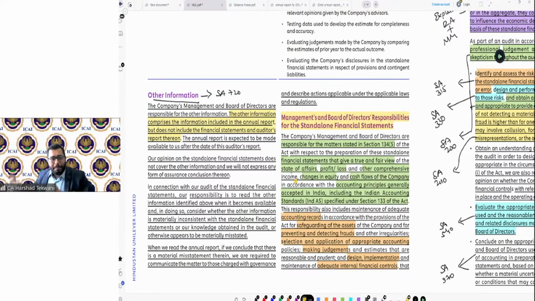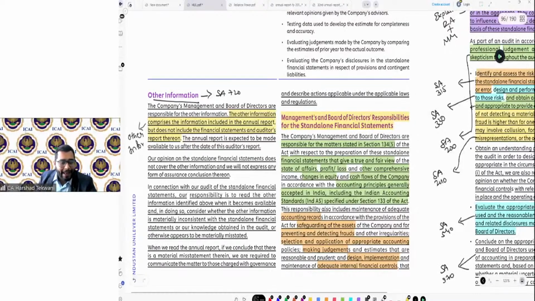So this specifies what is other information. The second thing is misstatement in other information.